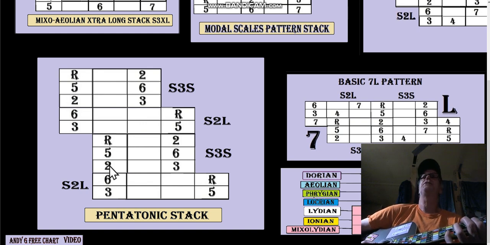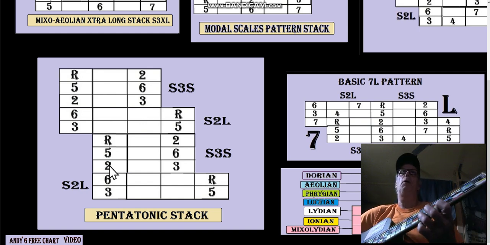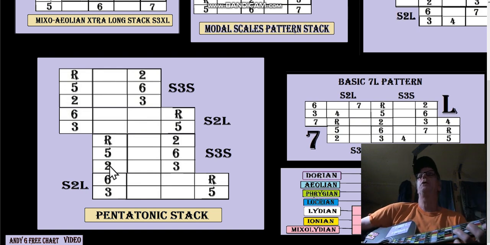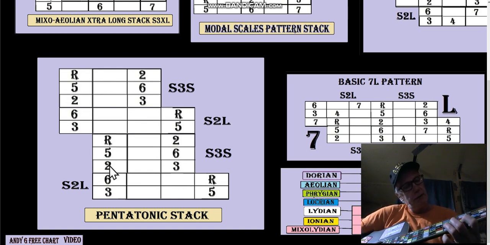Now that's interesting because I'm playing a pentatonic scale, so it's 2, 3, 5, 6, R2. Now I want to go and grab that 3, but guess what? That 3 got warped up. So you never know where the warp's going to be. So it went 3, 5, 6, 2. And guess what shape that is?